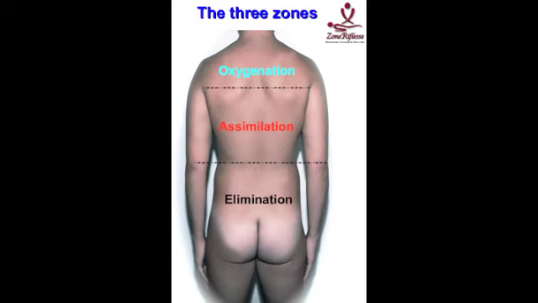The elimination zone, now this picture in front of you, there is a dotted line missing. The dotted line above or at the top of the natal cleft where you see the writing eliminazione. I haven't drawn it, but in the video it's there. Okay, so this is the elimination zone.